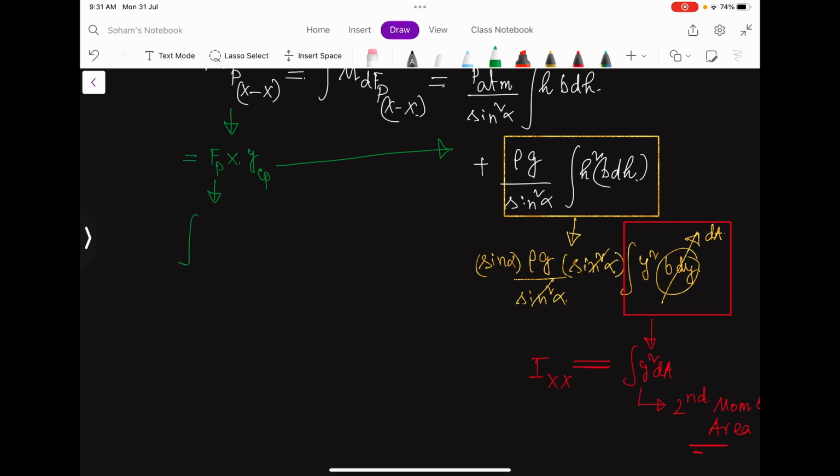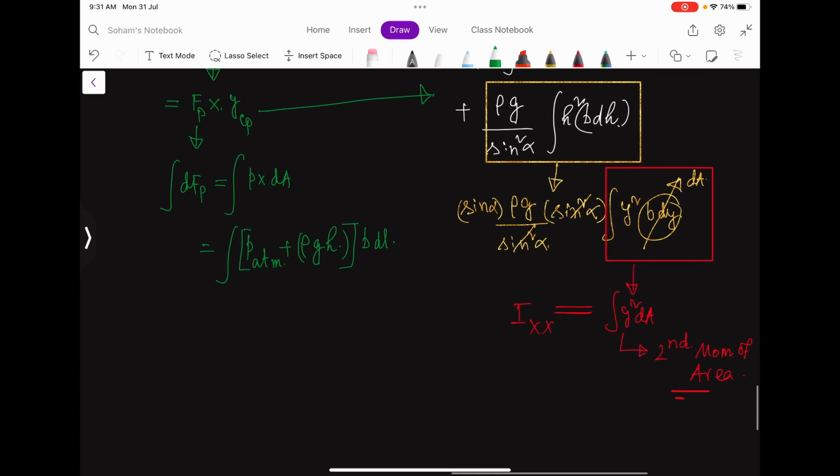That is the integral of dFp, and I saw that this dFp is the pressure into dA, and this pressure was patm plus rho g H at any point into dA, and dA is B dL. This I saw.